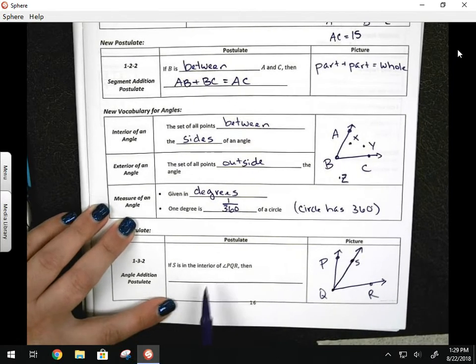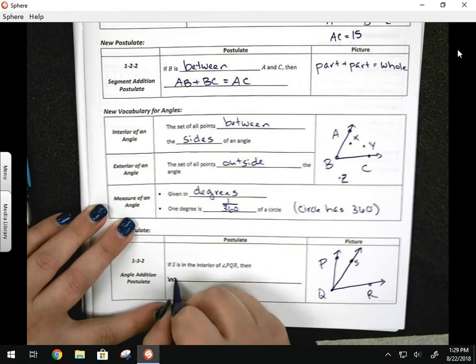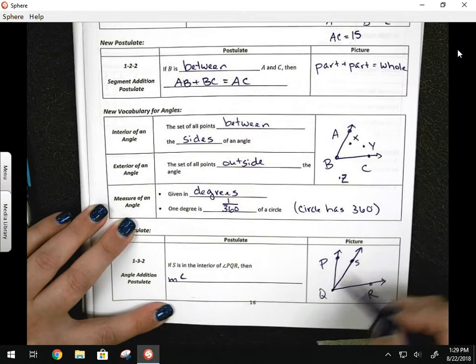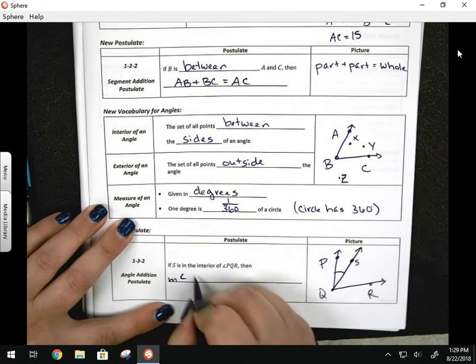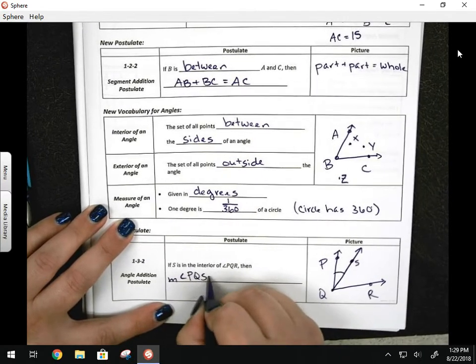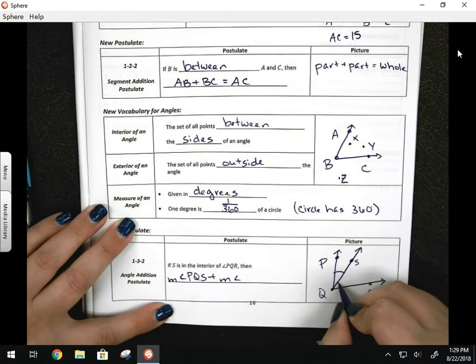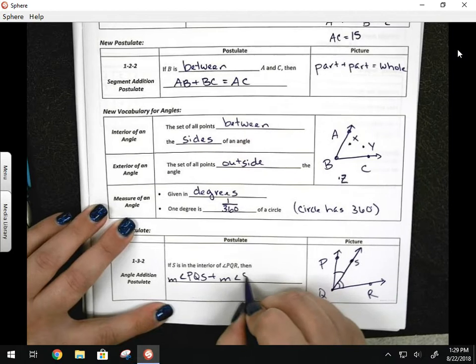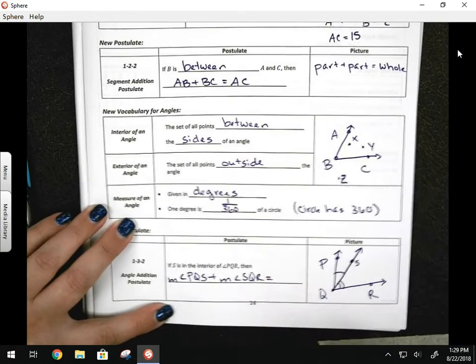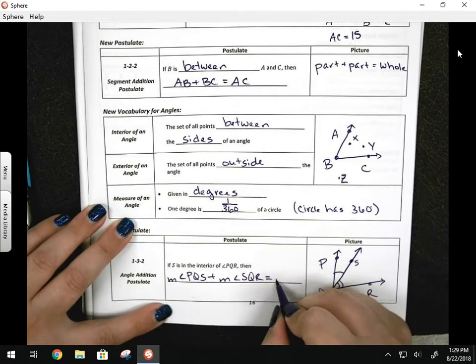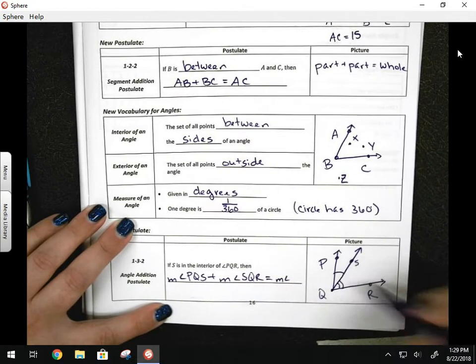This means that the measure of angle PQS, so this angle, plus the measure of angle SQR, so this angle, has to equal the measure of angle PQR, which is the whole thing.